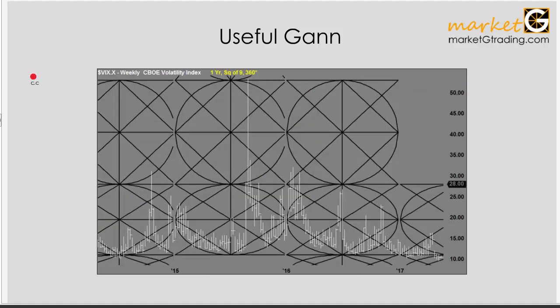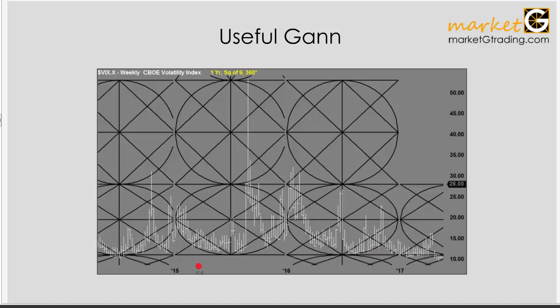Another thing, I posted some VIX charts on the forum before. VIX is a very interesting thing to keep an eye on with square of 9. It does a very, very good job of defining what's going on with VIX.